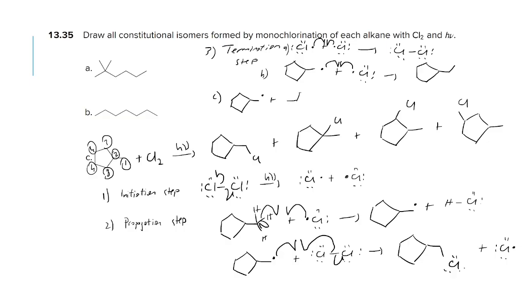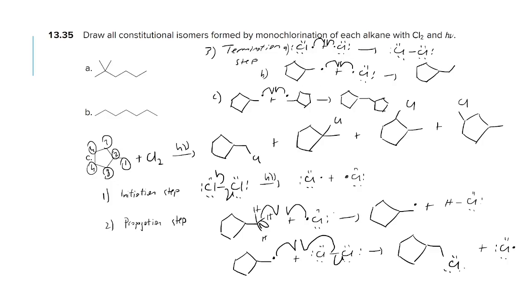I'm showing it this way. Again, these two unpaired electrons can combine together to form the sigma bond, so we can form another alkane. I'm drawing it this way. Okay, these are potential termination steps.